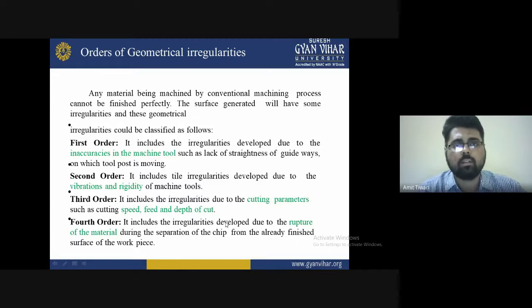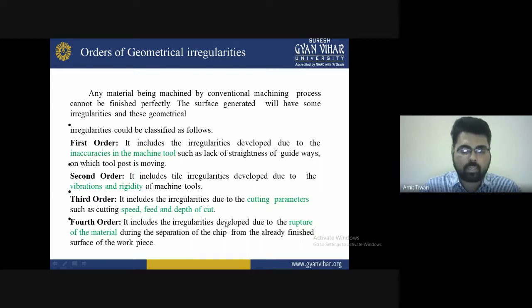It is observed that most of the cutting parameters are responsible, because in a conventional machine all the cutting parameters are maintained by hand, by the labor. Sometimes the labor has skill and sometimes not, and the cutting parameters are responsible for it.